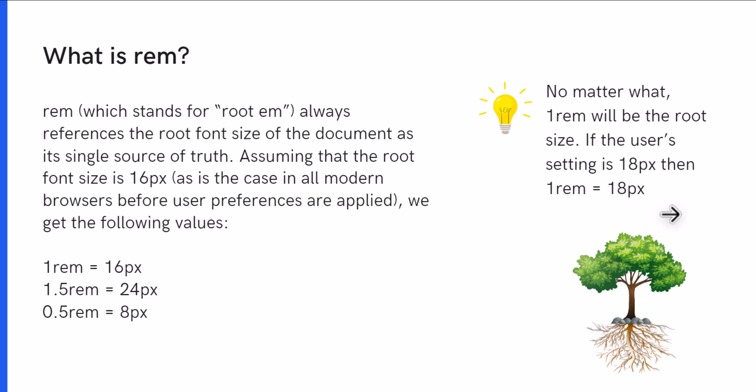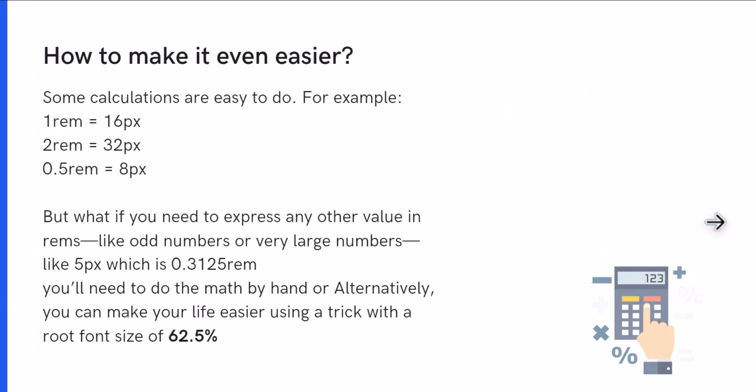So no matter what, 1 rem will be the root size. If the user setting is 18 pixel, then 1 rem is not 16 anymore, it's 18 because it is based on root, which can be changed.